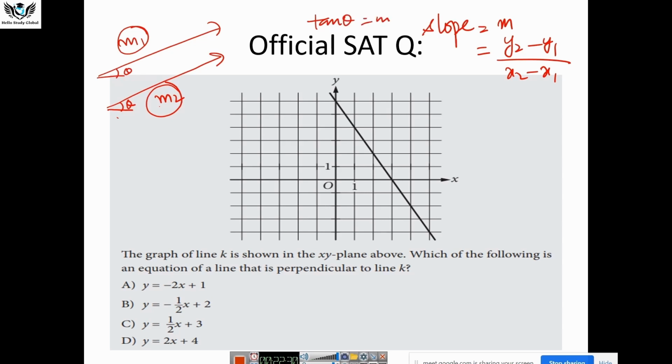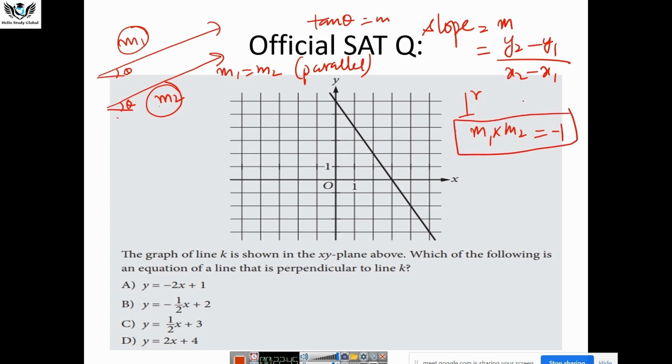So in that case, if lines are parallel, then m1 is equal to m2, and in case lines are perpendicular, then m1 into m2 is equal to minus 1. Remember these two conditions. If lines are parallel, then m1 is equal to m2. If lines are perpendicular, then m1 m2 is equal to minus 1.